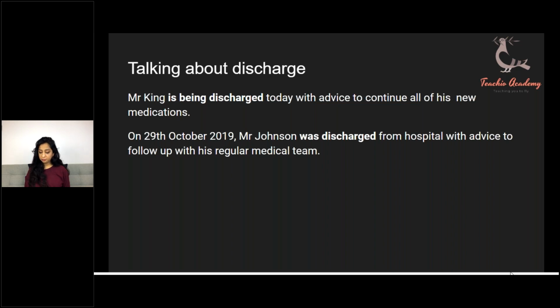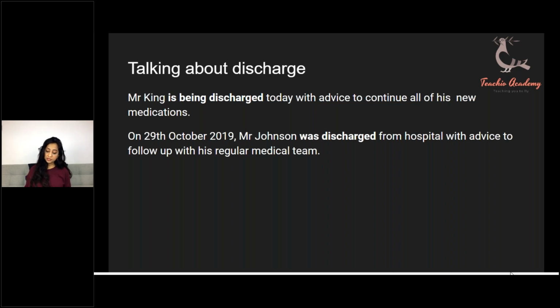Correct, you can write that the medication list will be attached, but that's a bit lazy because remember, when you're writing about medications, you're showing the OET examiners a lot of things. One thing that you're showing them is that you're able to differentiate between which medications are to be put in capital letters and which are to be put in small letters.